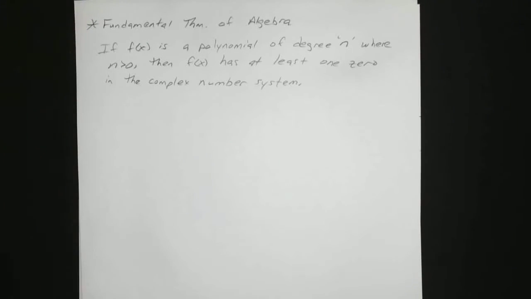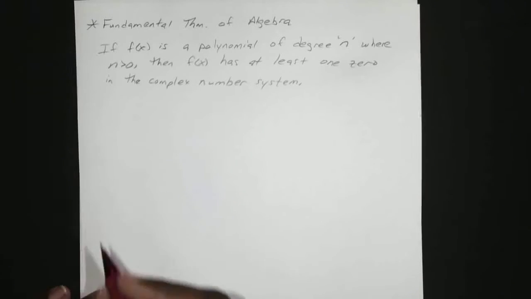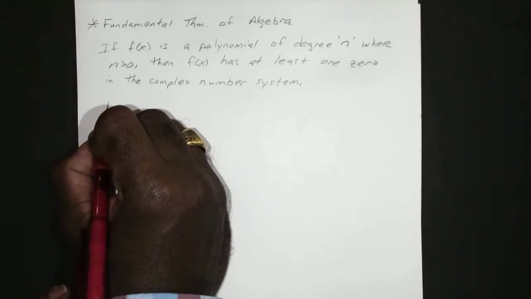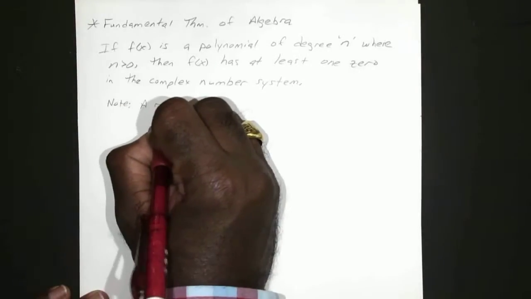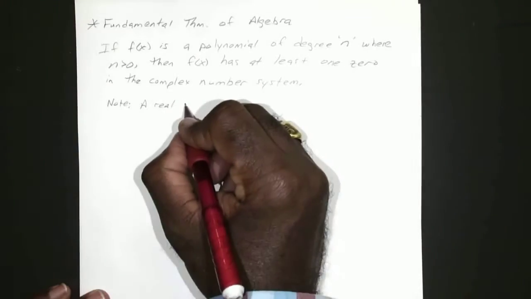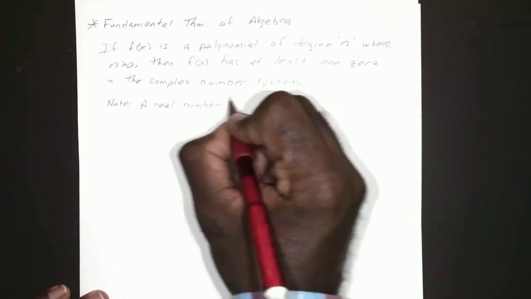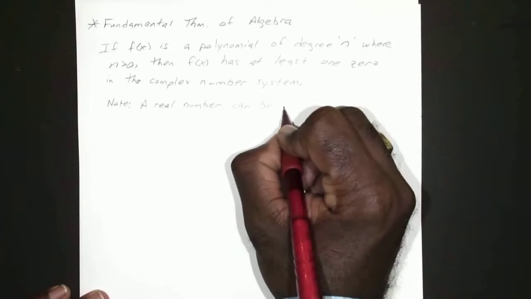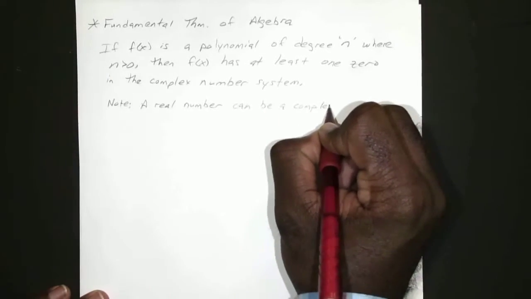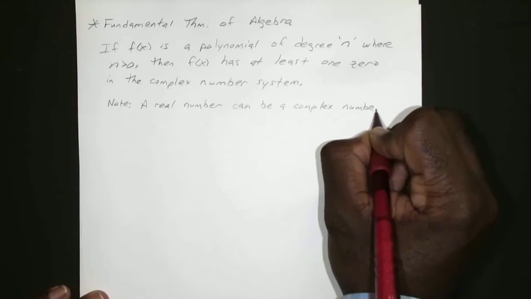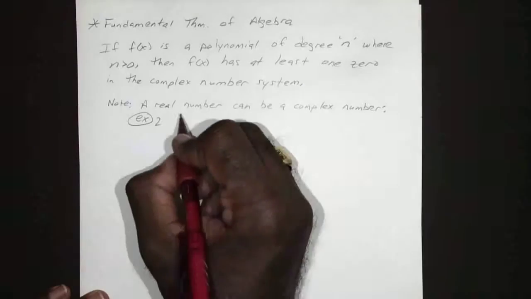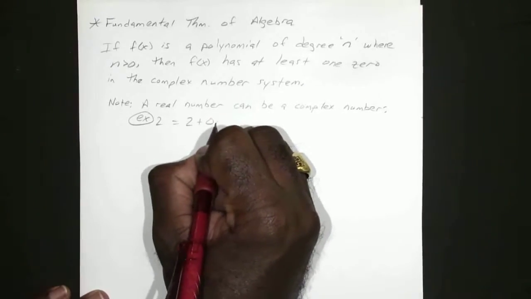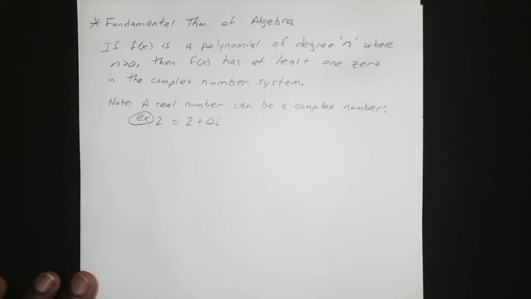Now it doesn't mean that it'll only have complex zeros, because if you remember, a real number can be written as a complex number. For example, if you have the number 2, you can write that as 2 plus 0i, where you have a real number written as a complex number.